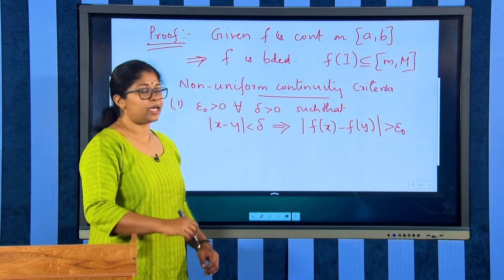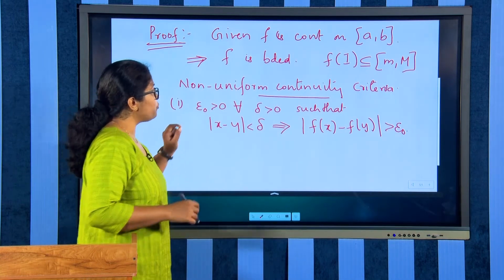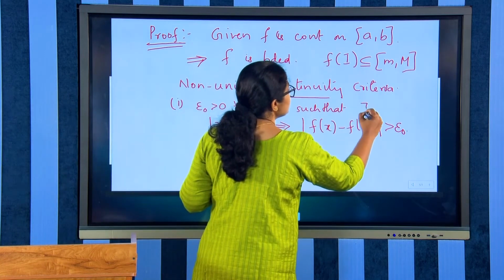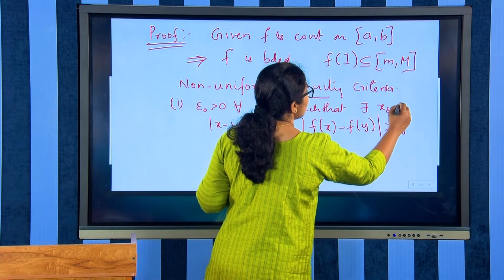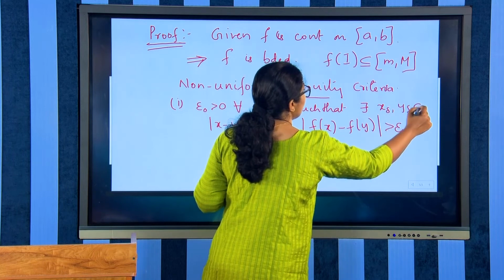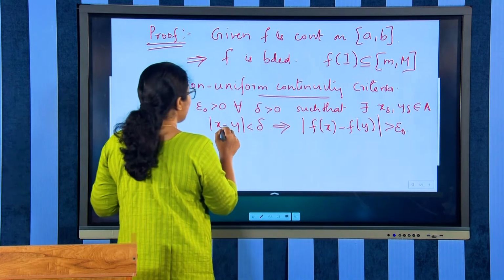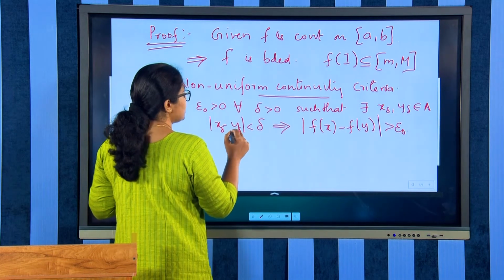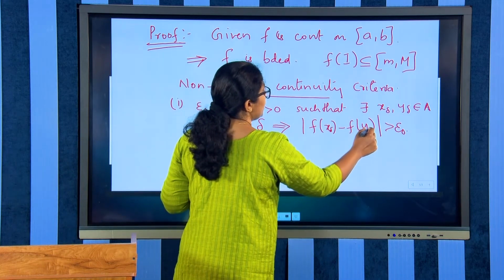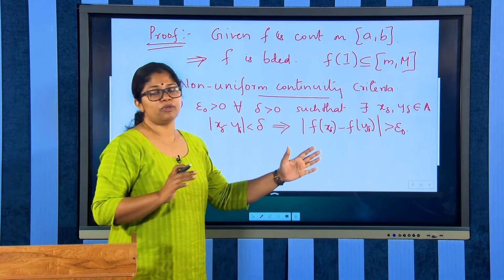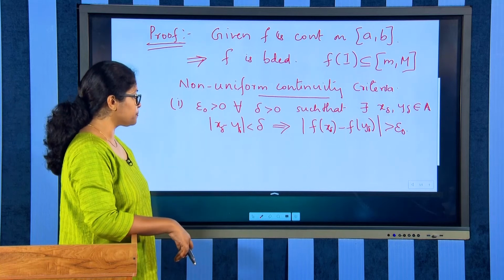In particular, we should find some points x delta, y delta in the domain A such that at least one pair satisfies this condition, and then it is not uniformly continuous.